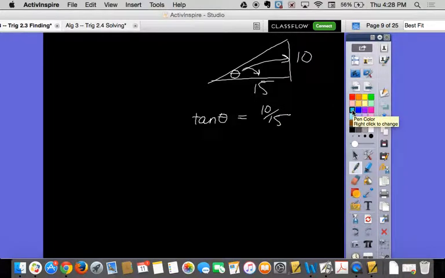Once you set it up, you know I'm looking for my angle, so I'm going to hit inverse tangent, and then you can just type the fraction, 10 divided by 15. Then you can round to the nearest degree. I've got 33.6, so you can go to 34. Hope this helps. You just need to take some time and practice.